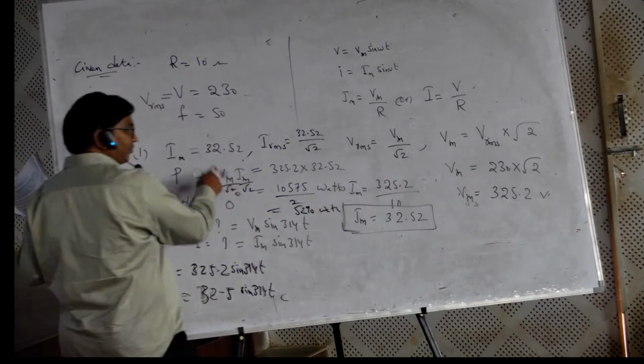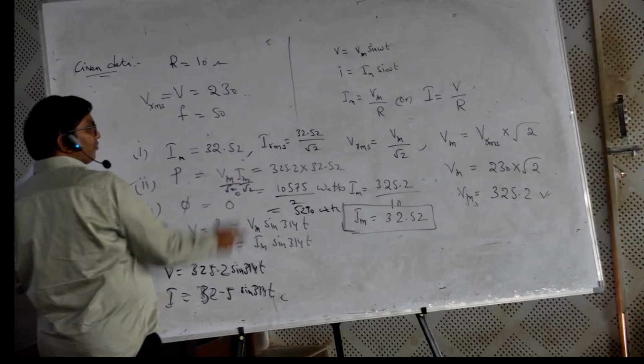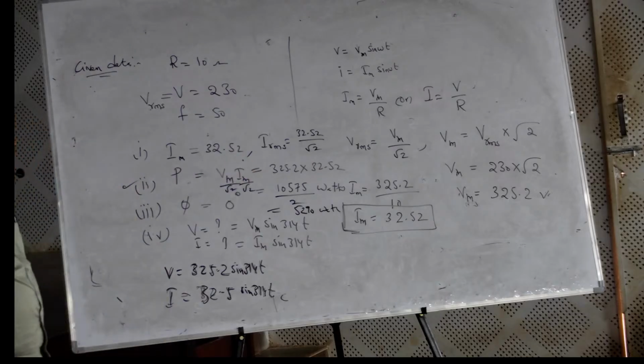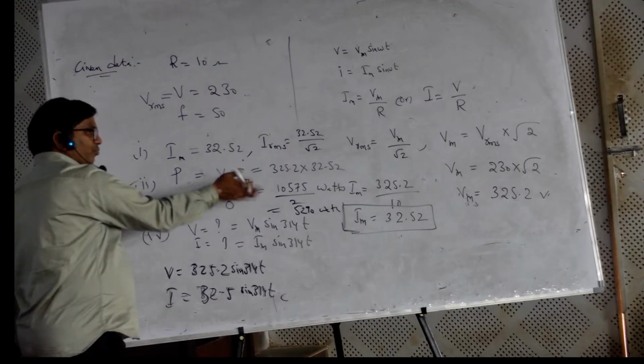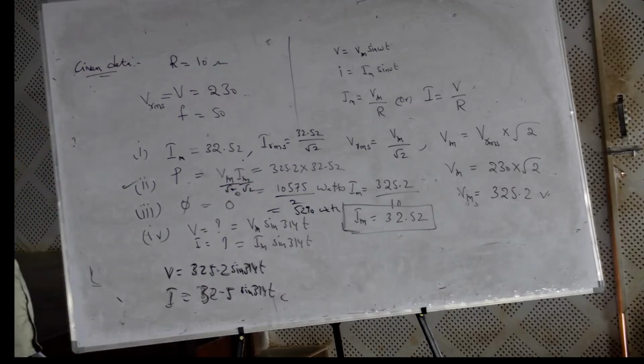Why? Because we have to convert into RMS. VRMS is equal to Vm by root 2, IRMS is equal to Im by root 2. So Vm by root 2 into Im by root 2, the root 2 gets cancelled, so Vm into Im by 2 is the wattage. So for any formula you have to consider the RMS value only.